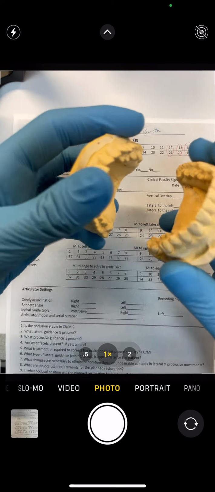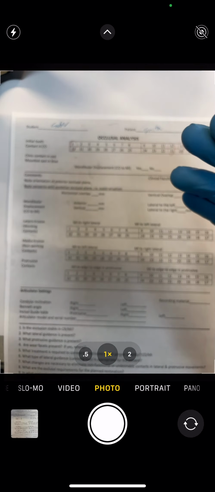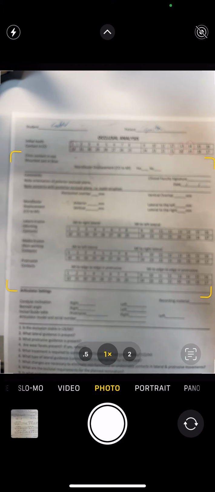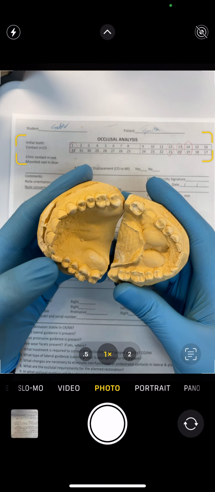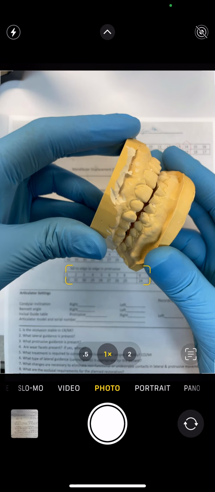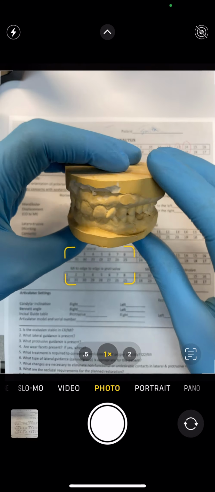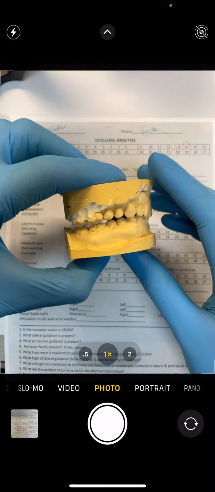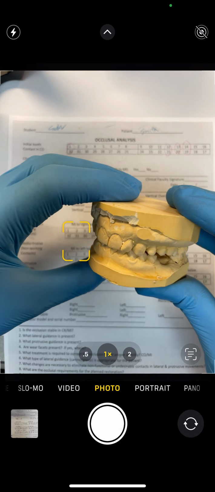Again, some patients as well like that, even though they have all of their dentition, they don't come together. Like if you see, the teeth are apart on many sides, so that patient needs to be treated in centric relation as well.